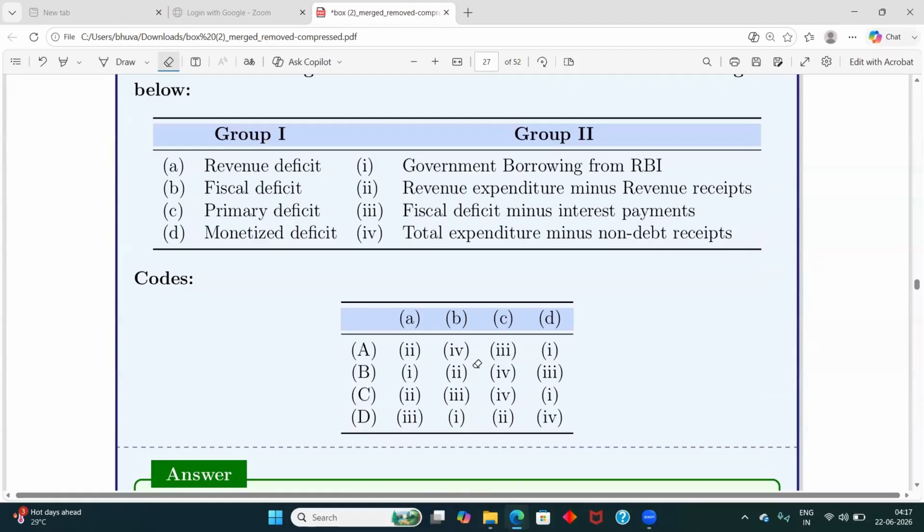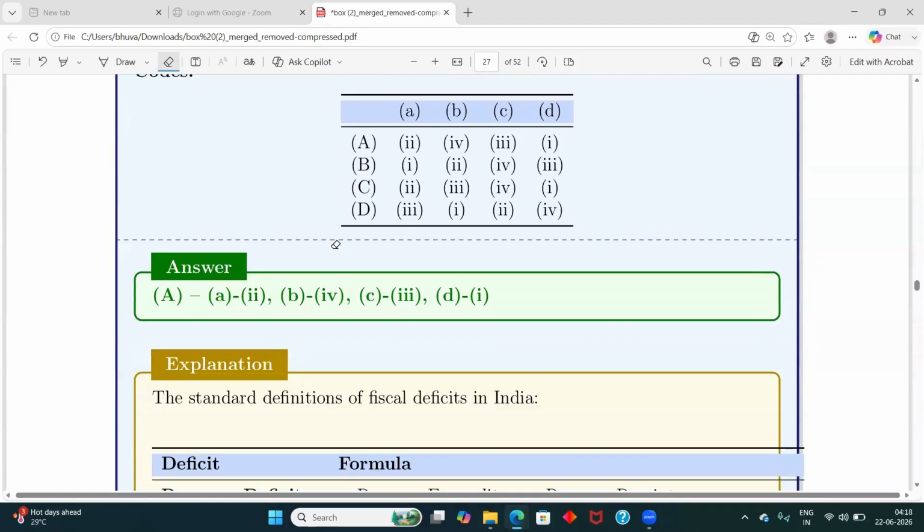So option A is correct. For these types of questions, use logic; do not go and check all of group 1 and group 2. Use logic and choose the correct code.